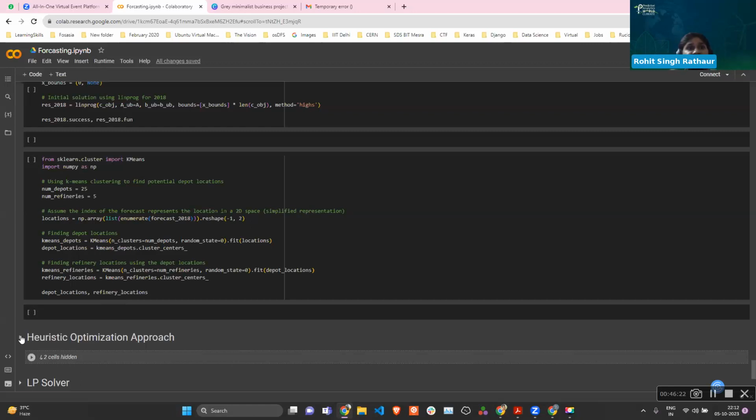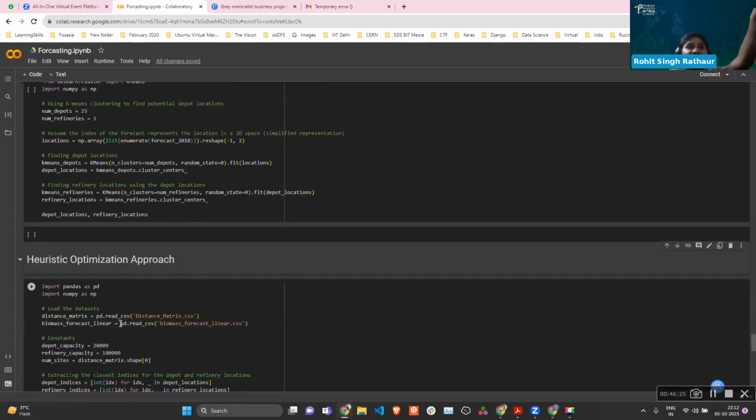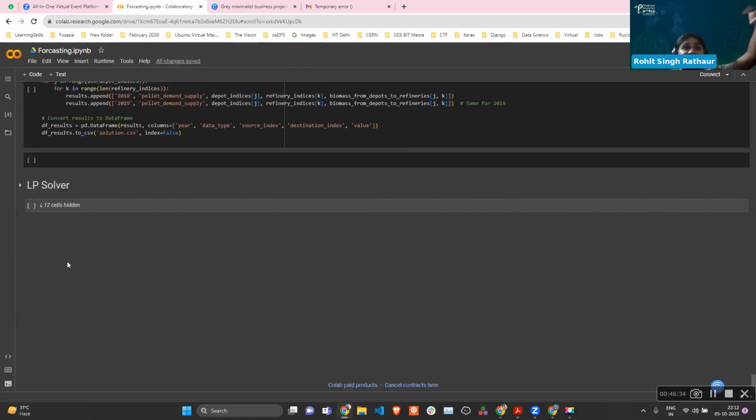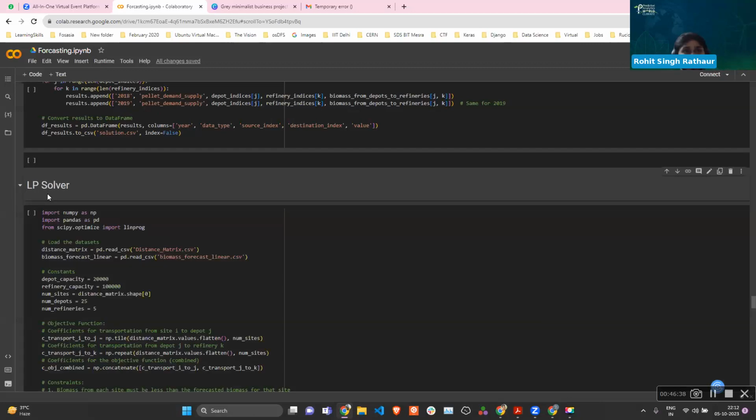I did the same in this problem. I used a heuristic optimization approach and a brute force approach. Then finally, I tried linear programming solvers, which were ILP and other solvers. That is all about this particular problem.